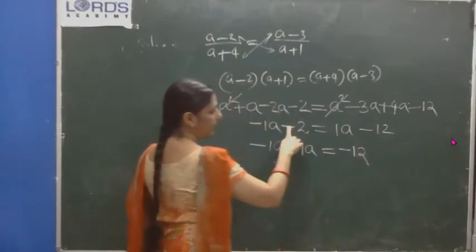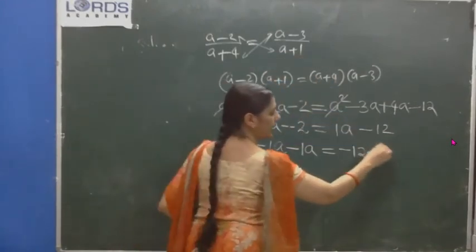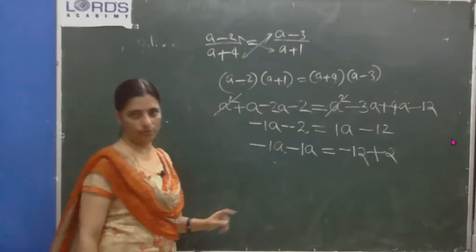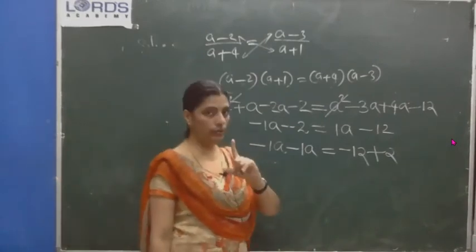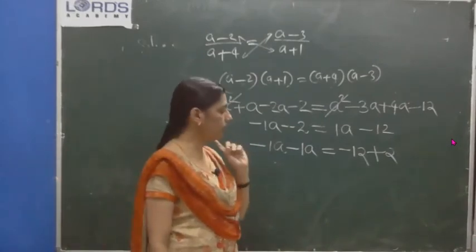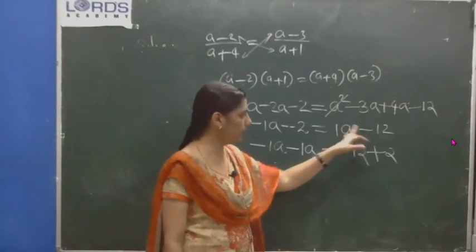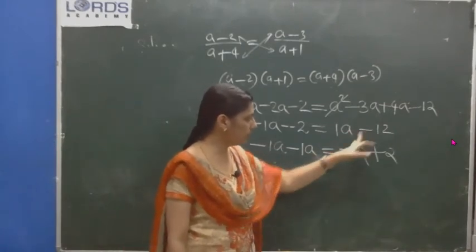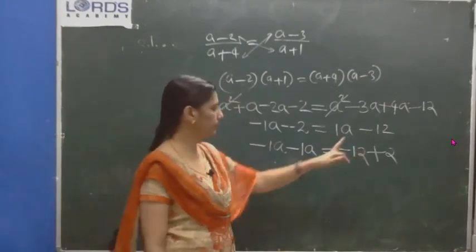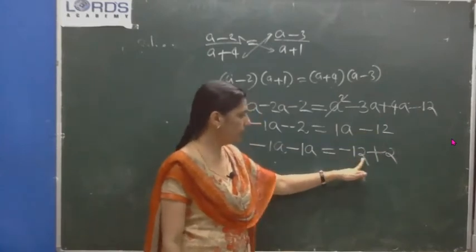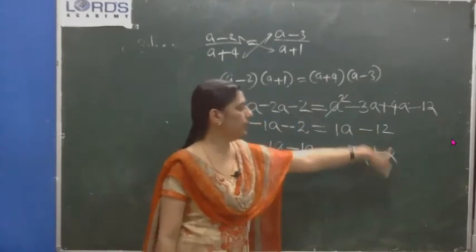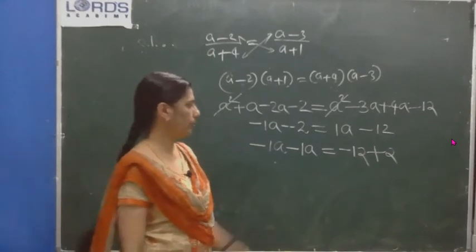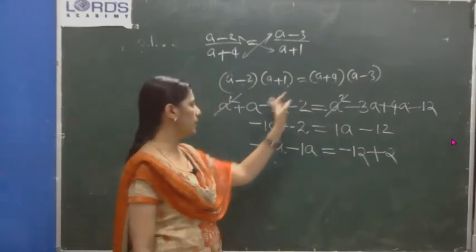Negative 2, let it go to the other side, it will become positive 2. You will make some mistake, I know, because here you won't take negative 12, you will take simply 12. Negative 12, then negative 2 when it comes to the other side becomes positive 2. Here positive 1a when it changes side, it became negative.